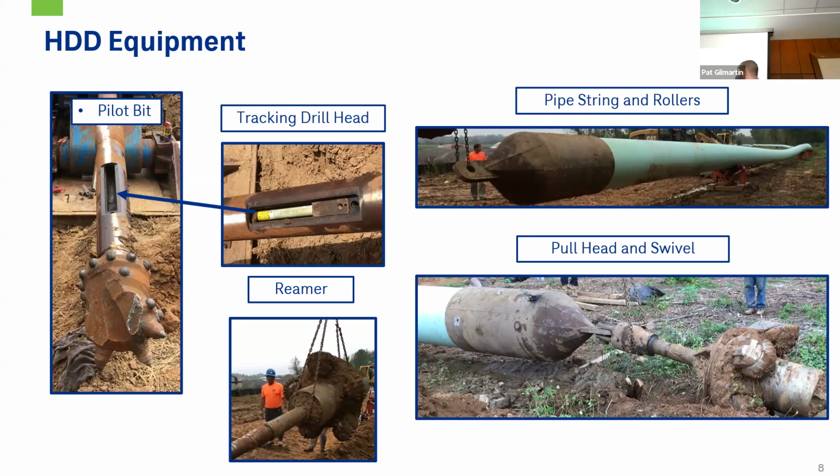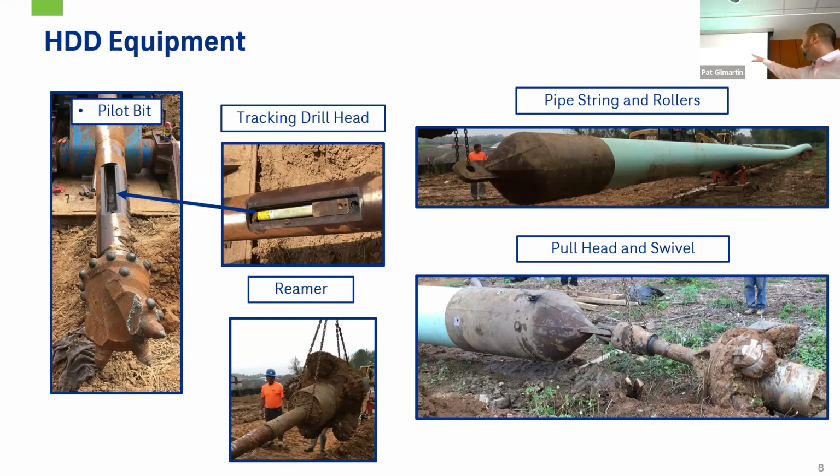Here in the middle right is a picture of one of the reamers from our projects that shows you the size. This one was a 48-inch ream for a 30-inch borehole. And then finally on the far right here, you've got your swivel that keeps you from getting those torsional forces on the pipe during the actual pull event.